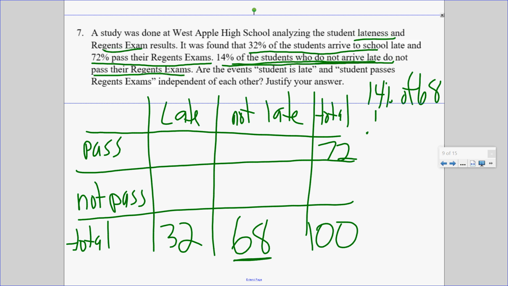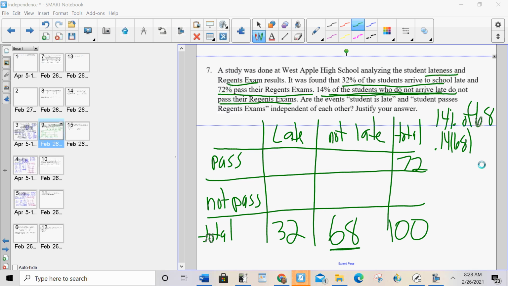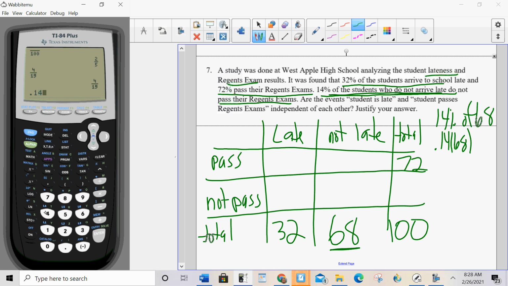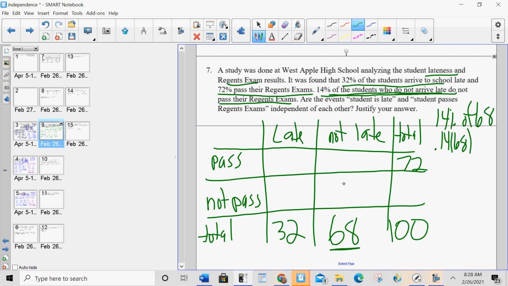So that's going to be 0.14 times 68. We can pop that into the calculator. 0.14 times 68 is going to be 9.52. So 9.52 is going to go there.